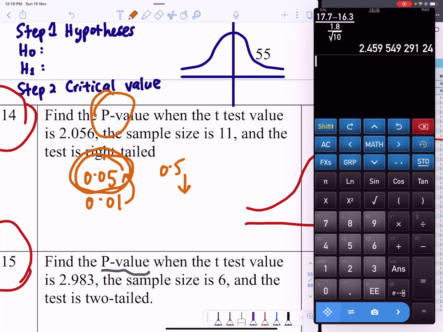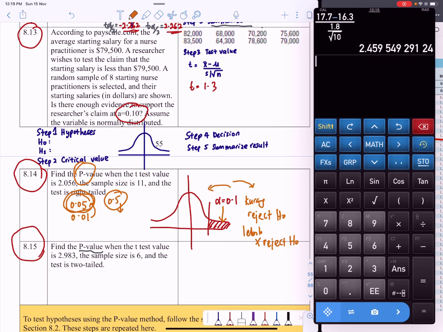We reject null hypothesis. Sebab 0.5 ni dia, saya check balik lah ya. Sama ada 0.05 atau 0.5 untuk yang SPSS. Okey, boleh ya. Jadi P value method ni is for your SPSS technique.